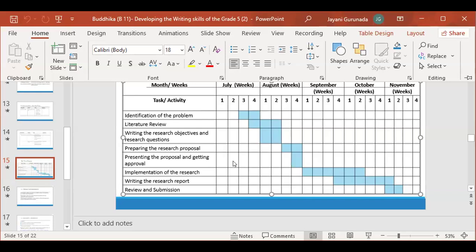Here: identification of the problem, literature review, writing the research objectives and research questions, preparing the research proposal, presenting the proposal and getting approval, implementation of the research, completing the intervention plan, then writing the first draft of the research report, reviewing and submission. All these things you can have.